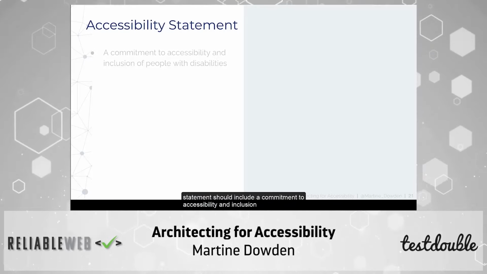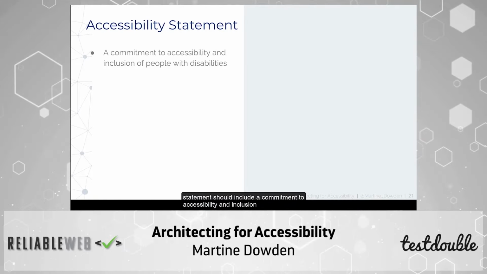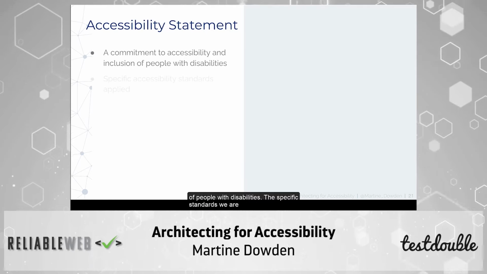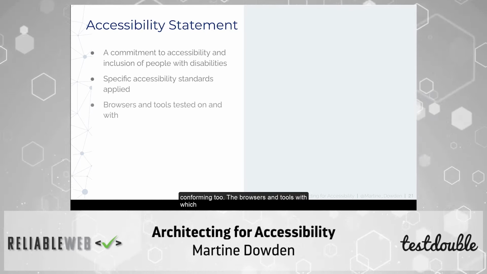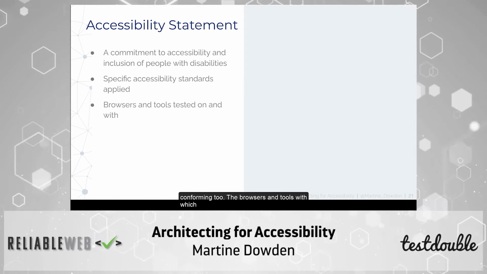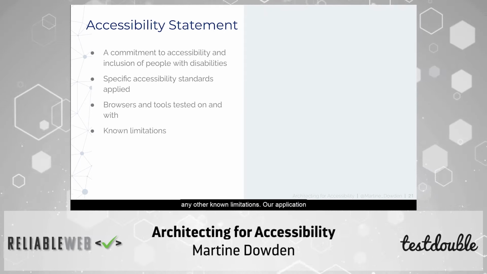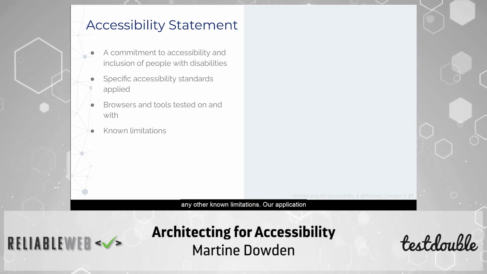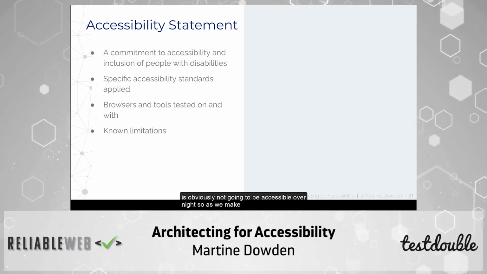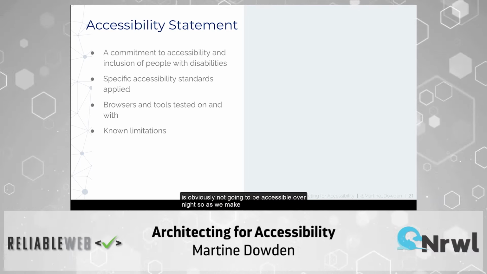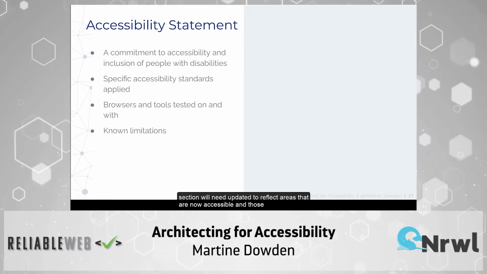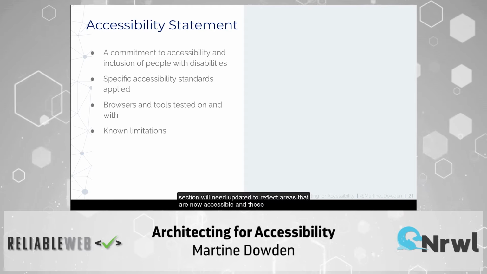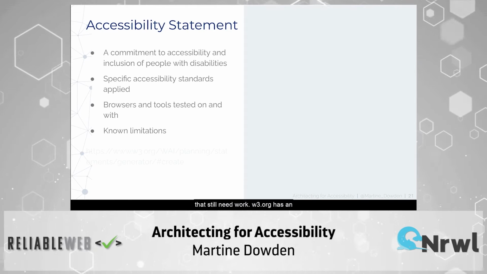An accessibility statement should include a commitment to accessibility and inclusion of people with disabilities, the specific standards we are conforming to, the browsers and tools with which we tested, and any other known limitations. Our application is obviously not going to be accessible overnight. So as we make portions of the application accessible, the known limitations section will need to be updated to reflect areas that are now accessible and those that still need work.